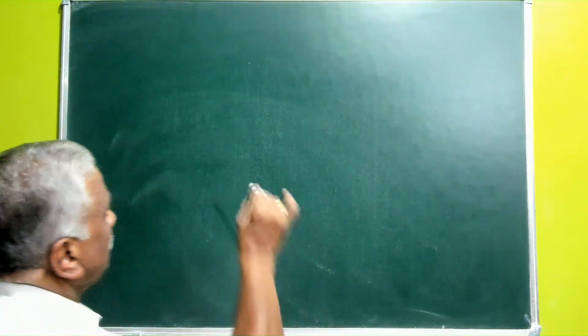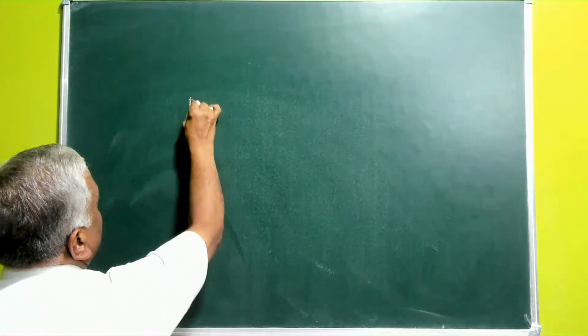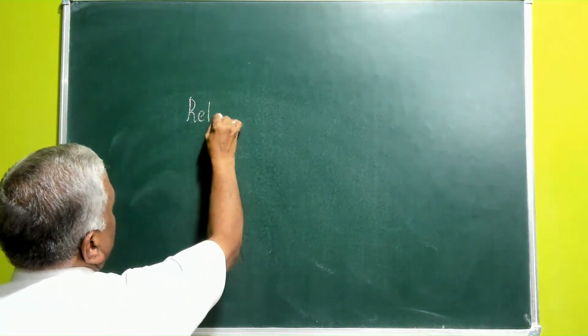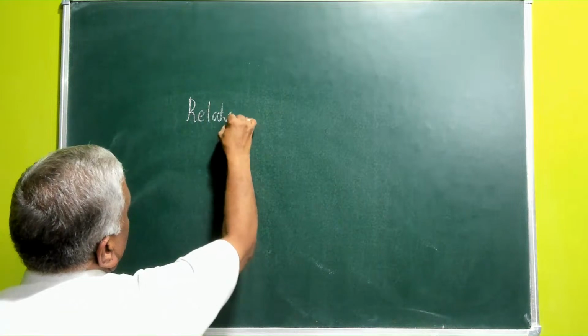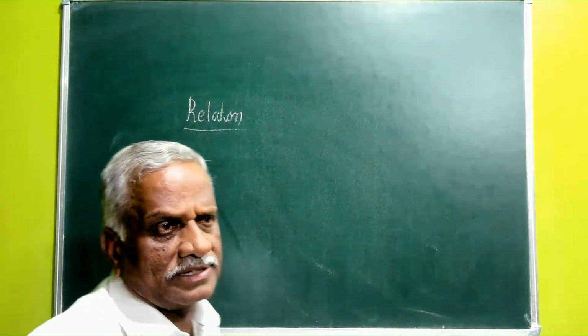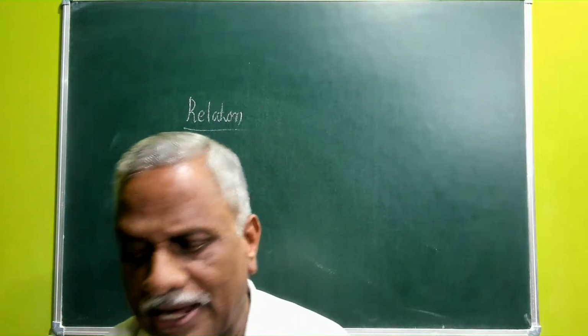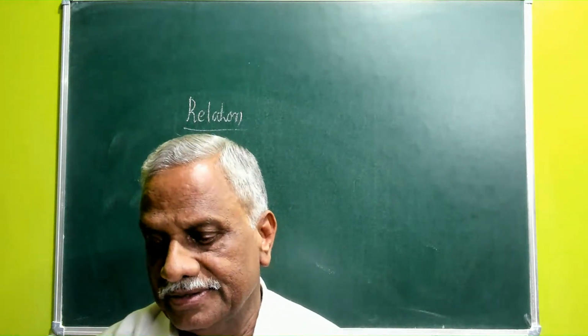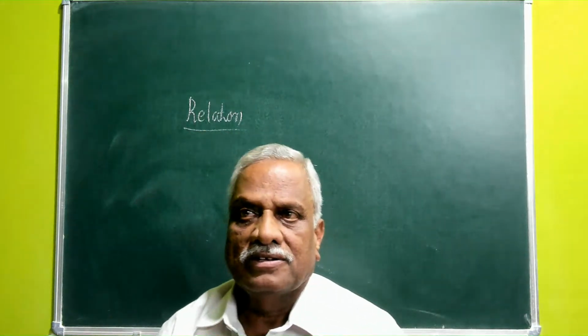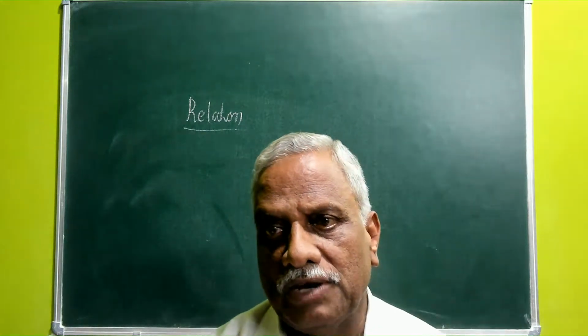So we'll first give you some idea about what a relation is. Relations. We have found that not many questions are asked in set theory in the public exam, that is the CET examination. Not every year, only a few years.